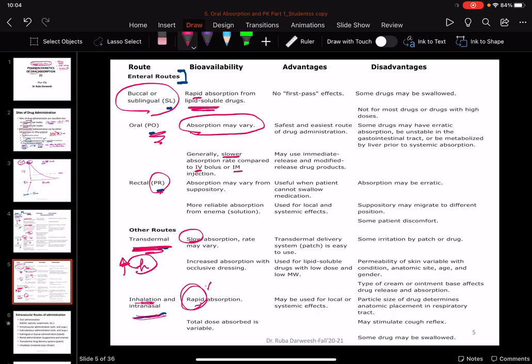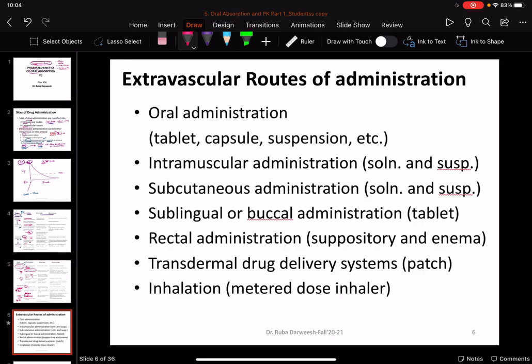So the problem with absorption from the pulmonary system is not the absorption itself as a process, because the thickness of the membrane is very low. It's rapid absorption, but the issue is the challenge of delivering the drug to the lung or the intranasal passages.